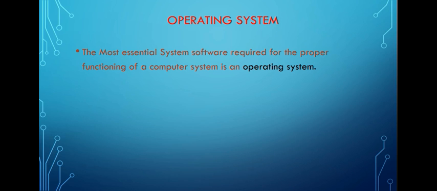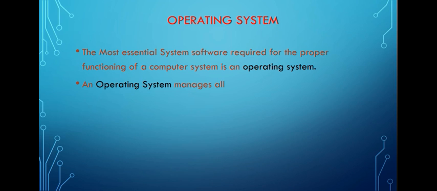If you don't have an operating system, your system will not work, because operating system controls and manages all the softwares that you install in the computer system, and all the hardwares that you connect to the computer system. So operating system is the most important system software that we need for a computer.